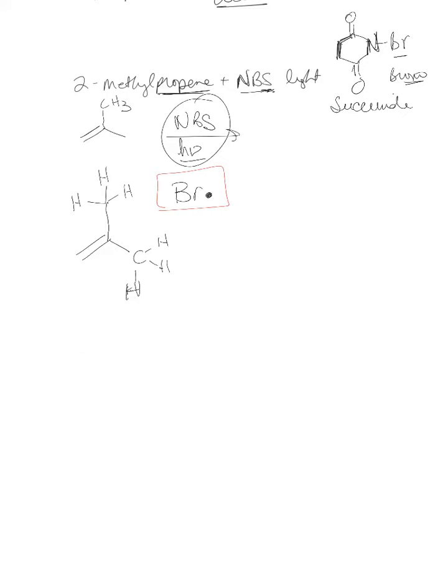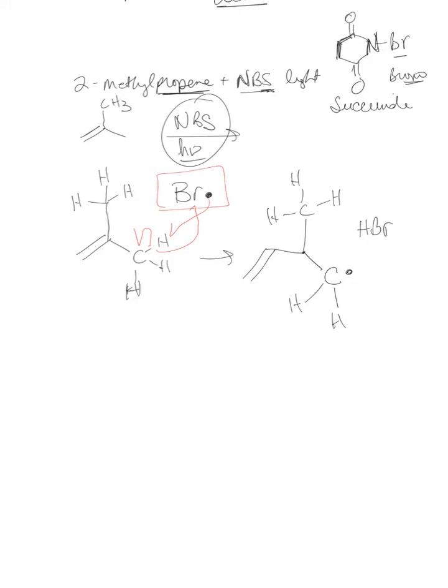So where does that come from? It's going to take the one that is the easiest to abstract, the one that's the lowest energy. And it's going to be a fishhook arrow because that's going to go to bromine here. So then we draw each one of these in here. And this now is a carbon radical, and HBr.